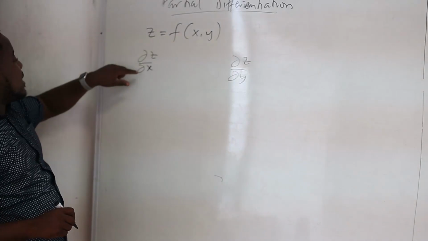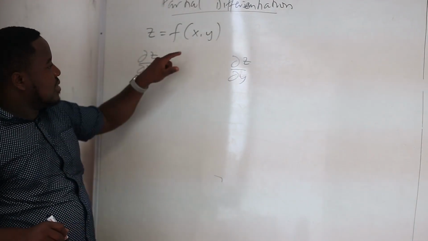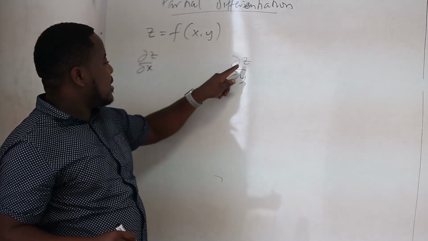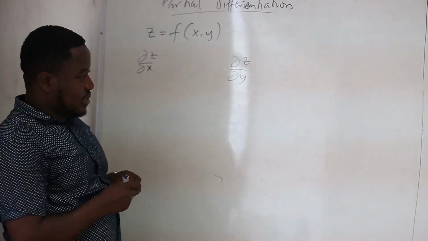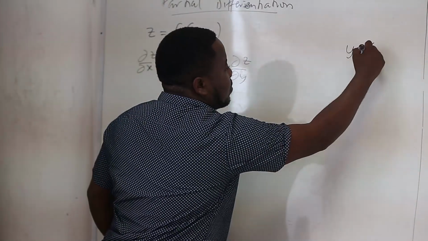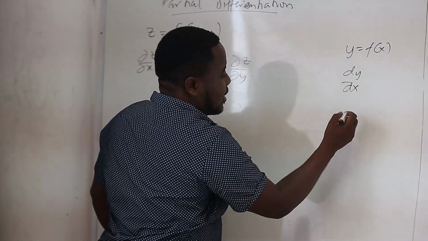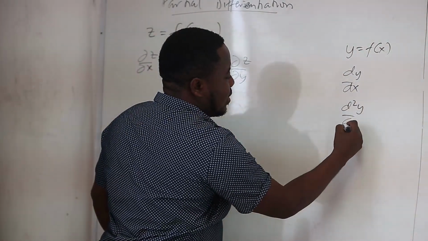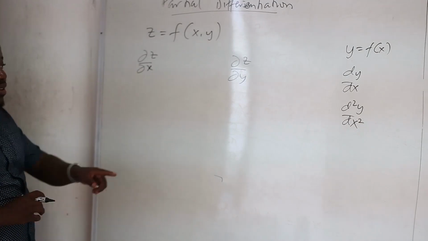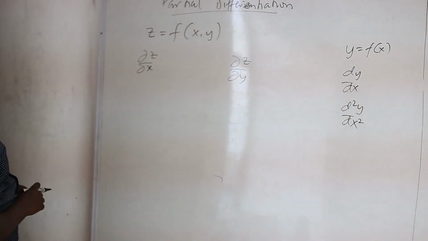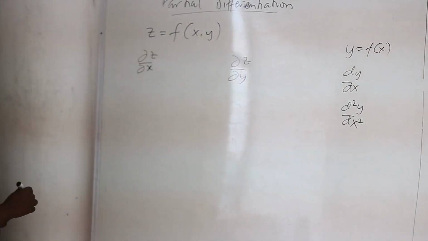So dz dx is the change in z with respect to changes in x. dz dy is the change in z with respect to changes in y. So you can find second order derivatives of this. Remember when we have y is equal to f of x, we had dy dx as the first order derivative, and d2y dx squared as the second order derivative. So we can find the second order derivative for calculus of several variables too.